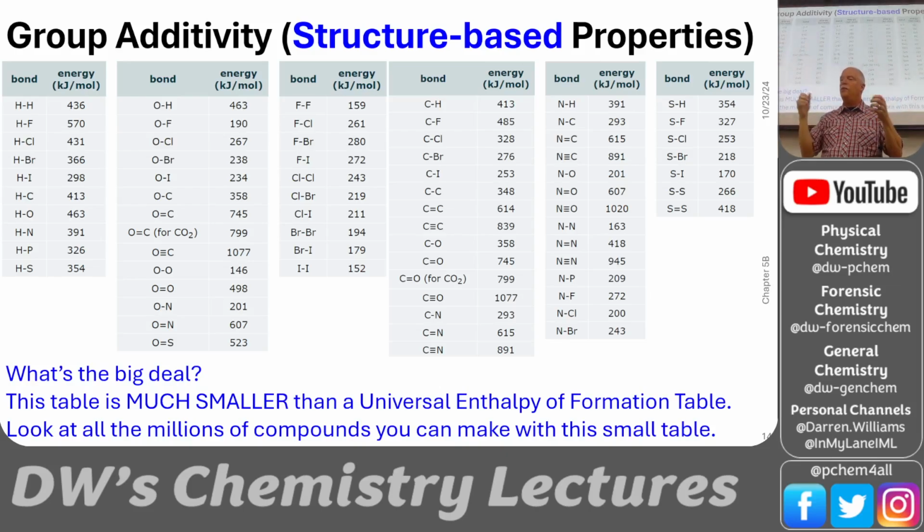And it's got a CC bond, so you can bond as many carbons together as you want. You want to make hexane, you make 5 of those bonds. You want to make octane, you make 7 of those bonds. Put hydrogens all around them. You can calculate all of those, and you don't even need to go find the enthalpy for those individual compounds. You could calculate it by just knowing how it's bonded together.